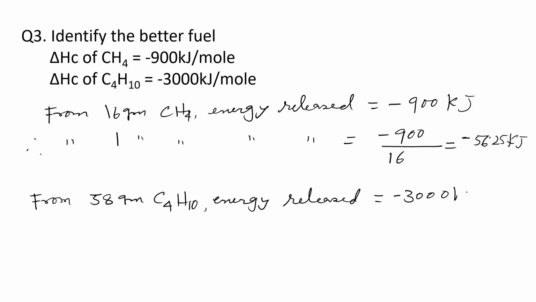Okay, 3000 kilojoules. Therefore, from 1 gram butane, energy released will be this 3000 divided by 58, and it is coming as 51.72 kilojoules.